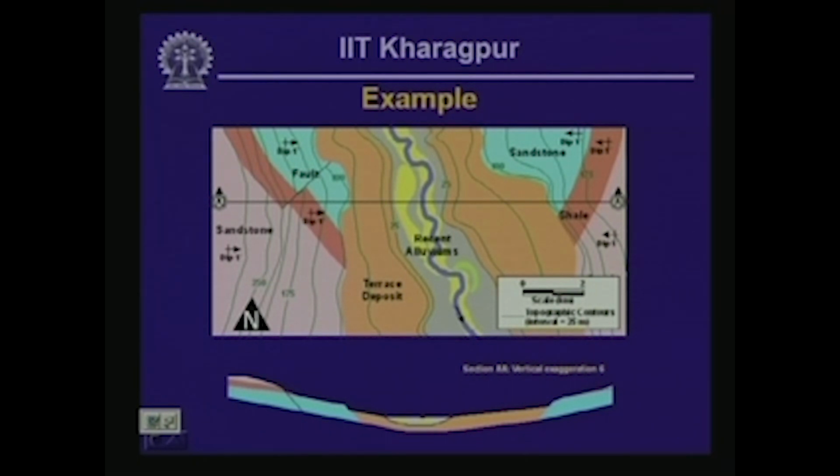The stratigraphic section AA is shown at the bottom of this slide, and the way it is prepared we are going to look at in more detail in the first laboratory session of this series of presentations. We will get hands-on experience about how a stratigraphic section can be prepared from a geologic map shown like that.